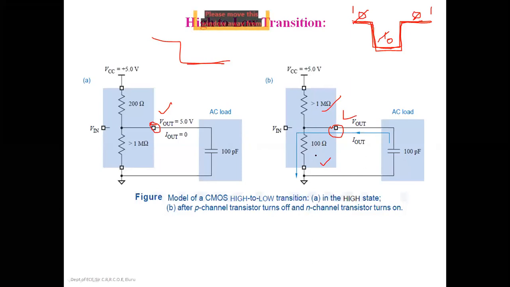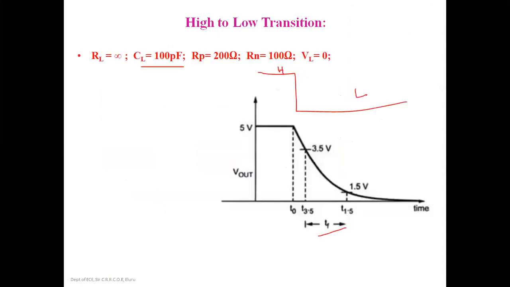The NMOS transistor will be on and the PMOS transistor will be off. So the current will be discharging to the zero potential through the NMOS transistor. That's why we have taken the Rn value.